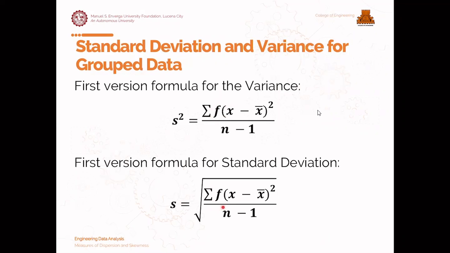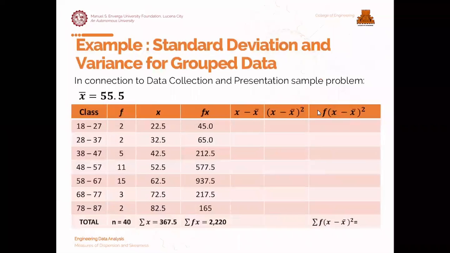So same lang, no? So paano natin ngayon hahanapin yung x natin tsaka yung f natin. So balikan natin yung given natin for grouped data nung last time, yung mga travelers natin na may mga classes tayong na-identify, no? So ito yung data na yon. So pag grouped data, ma-identify natin yung x as the midpoint ng mga classes natin, okay?